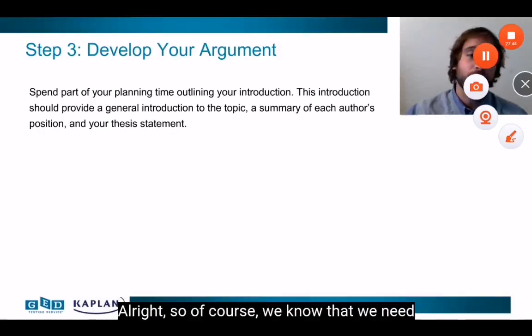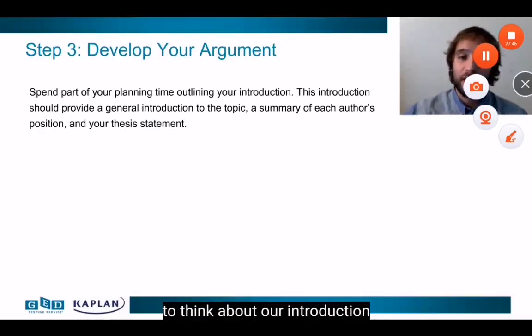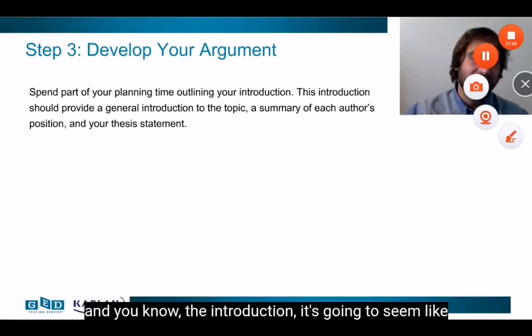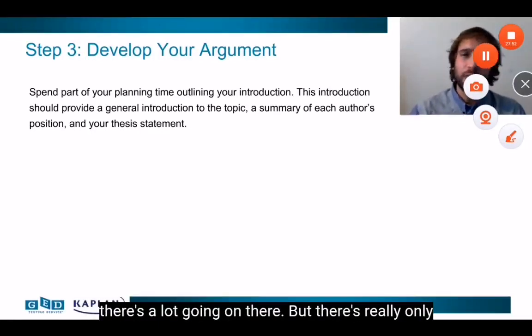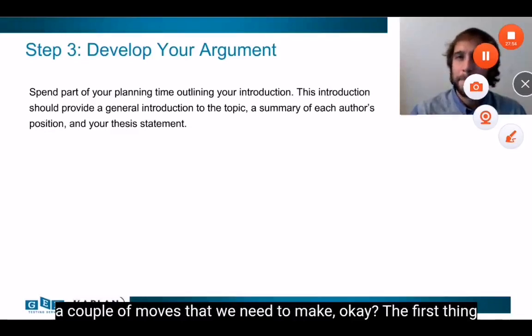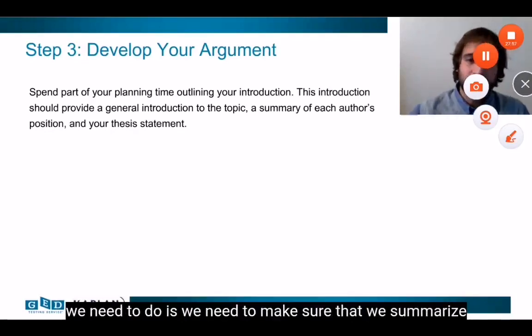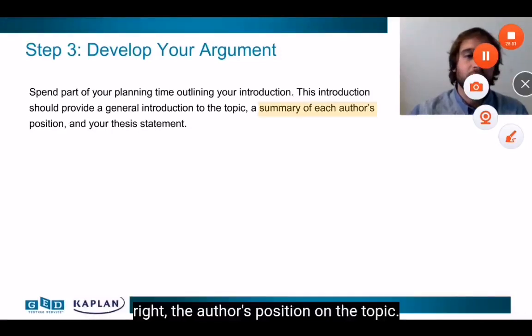All right, so of course, we know that we need to think about our introduction. And the introduction, it's going to seem like there's a lot going on there, but there's really only a couple moves that we need to make. Okay? The first thing we need to do is make sure that we summarize the author's position on the topic. Right?